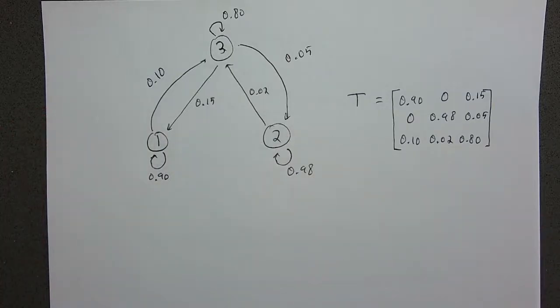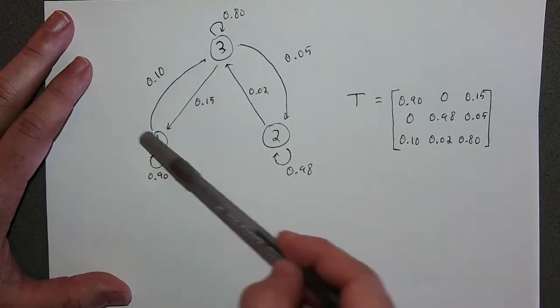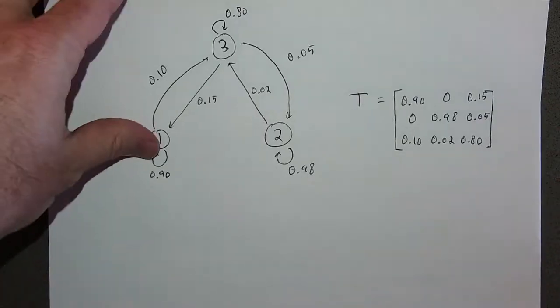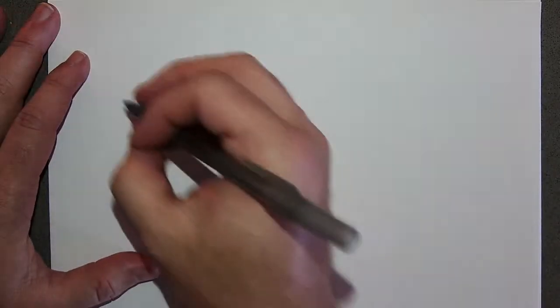Of course, there's no reason for this symmetry necessarily. Maybe I could get from 2 to 1 in one step, but I can't get from 1 to 2 in one step. You could draw up a diagram like that. Okay. I'm going to draw another example, and I'll end with that. We'll talk more about this next time, but I'm going to end with this example.